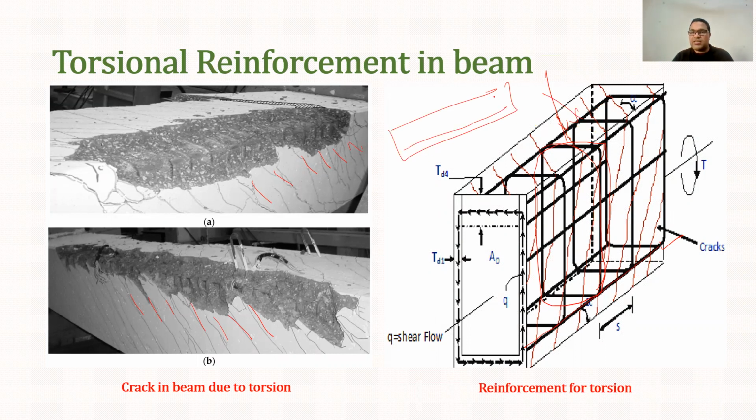The other reinforcement is, sorry, not spiral, the stirrups. So basically we will have longitudinal reinforcement along the length of the beam and stirrups along the transverse direction of the beam. This kind of reinforcement we generally provide.